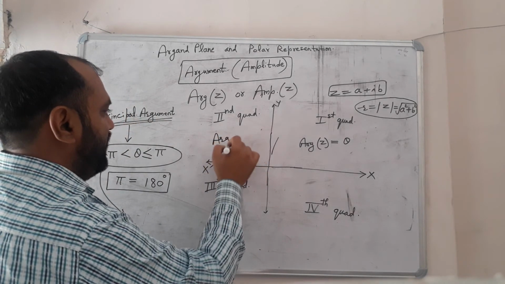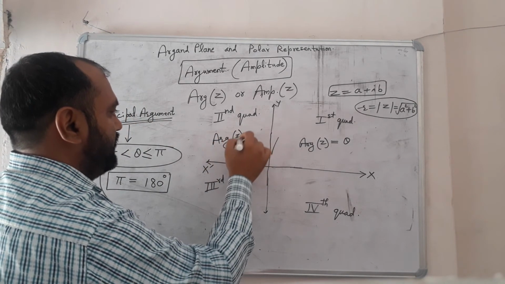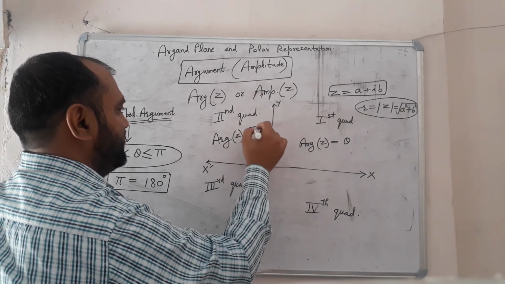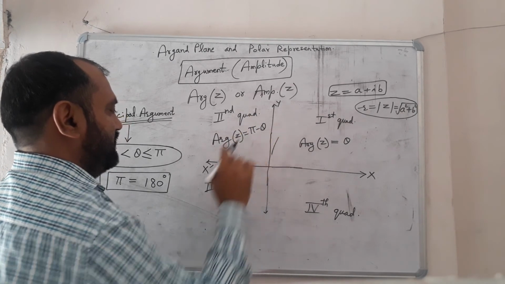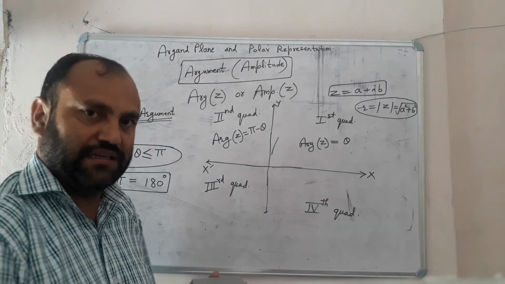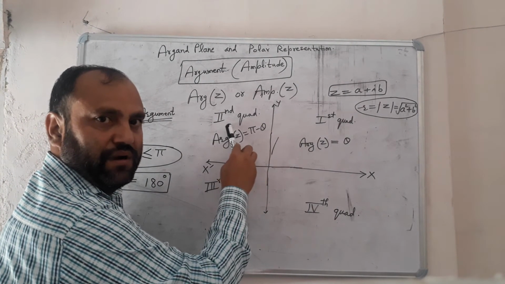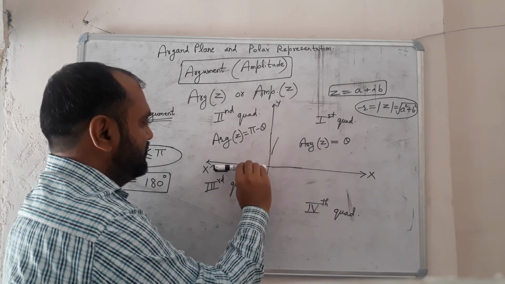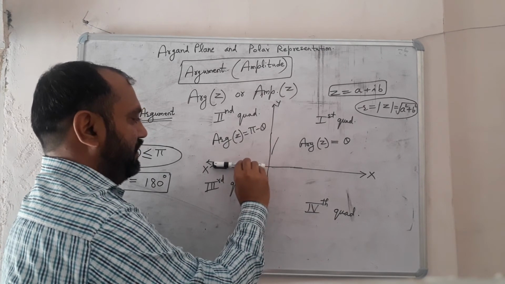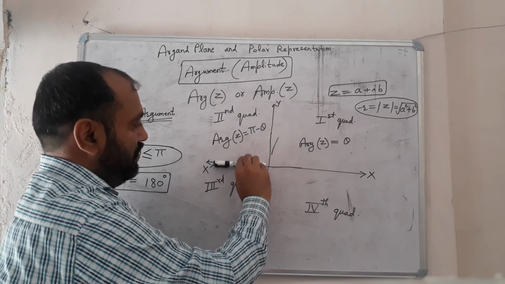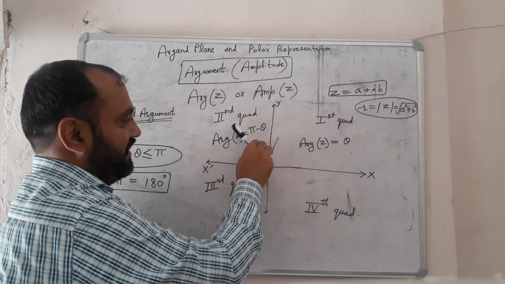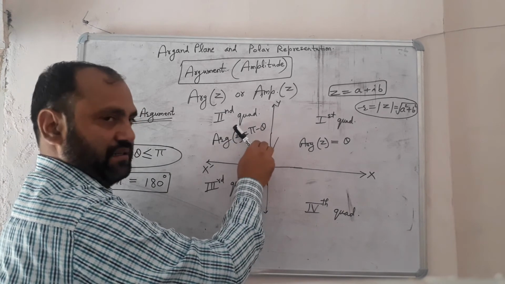And if it lies in the second quadrant, the angle is pi minus theta. Why is this pi minus theta? Because this complex number lies in the second quadrant, and in the second quadrant pi is this angle. So we subtract theta clockwise, so pi minus theta.